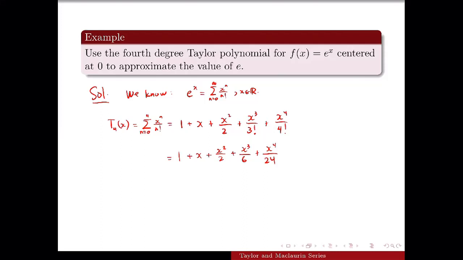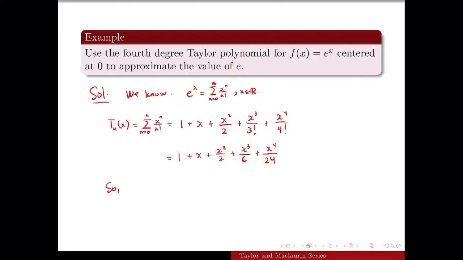We want to approximate the value of e. It means our x is equal to 1. E to the 1, that's e. And we need to use the fourth degree Taylor polynomial.